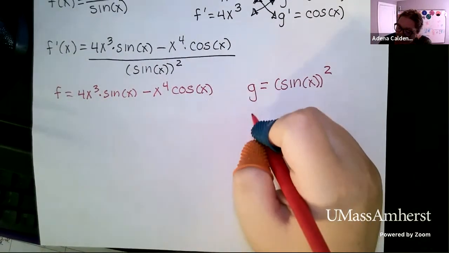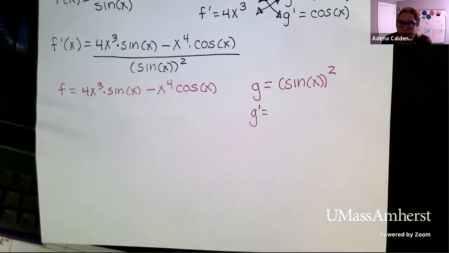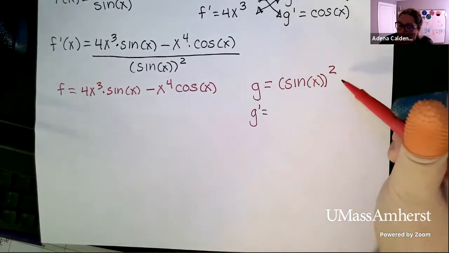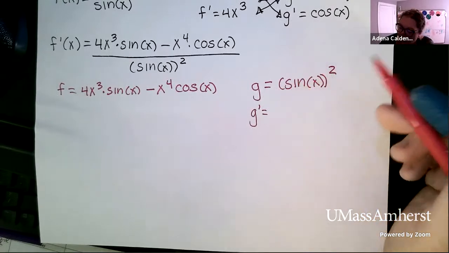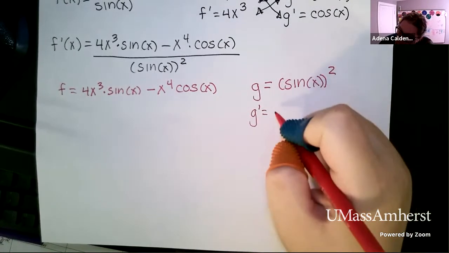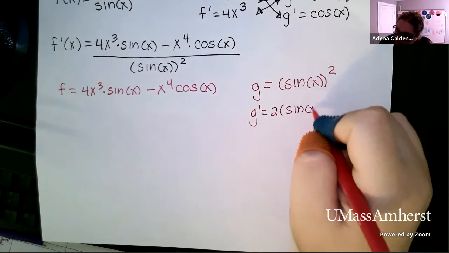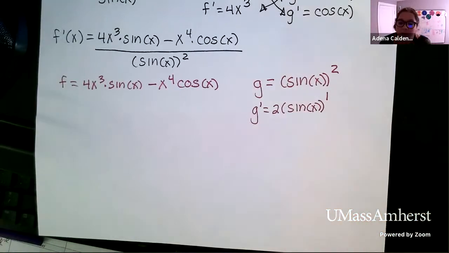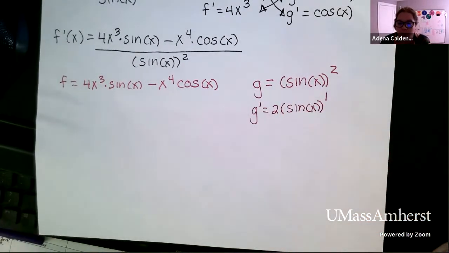So I'm actually going to do g prime first, and then we'll come back and look at the derivative of f. So with the chain rule, when you have something in the form of a power function, the rule says we can bring the power down, everything inside stays the same, and we subtract 1 from the power. So that's the first part. The 2 comes down, we subtract 1 from the power.